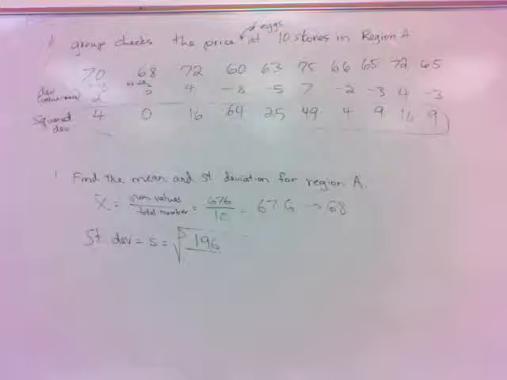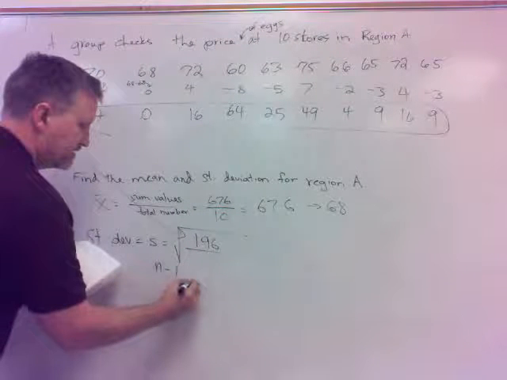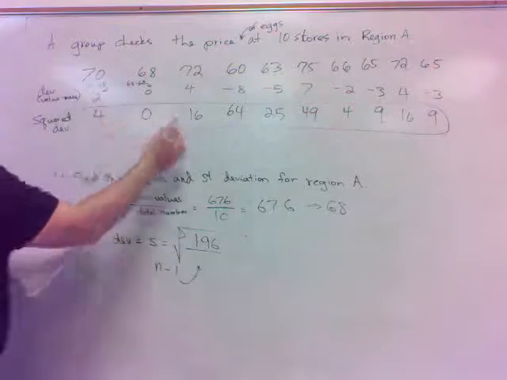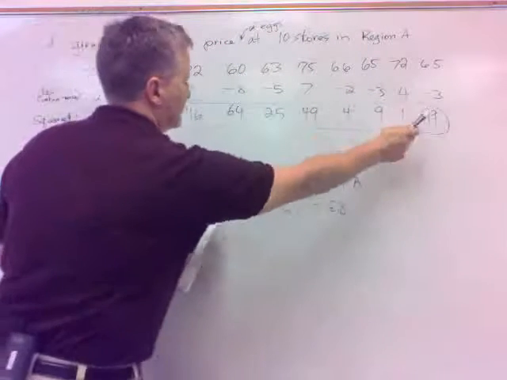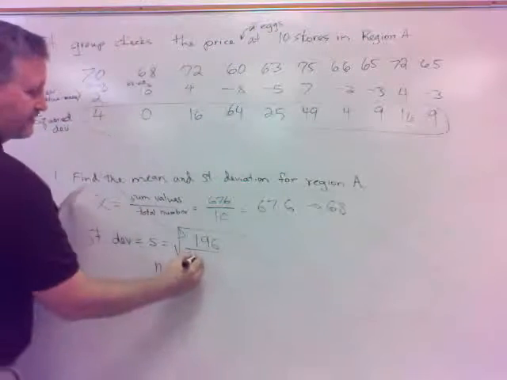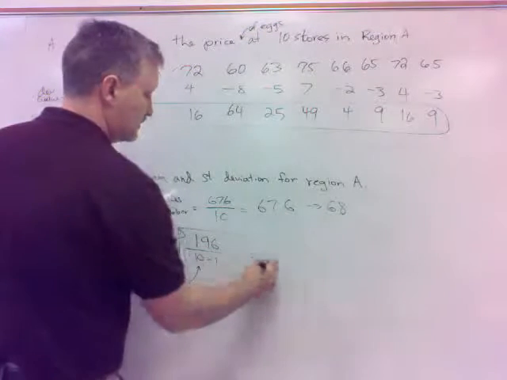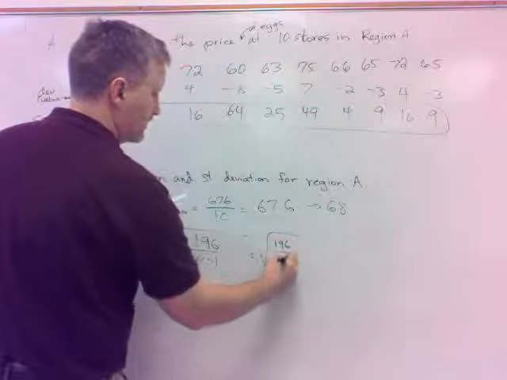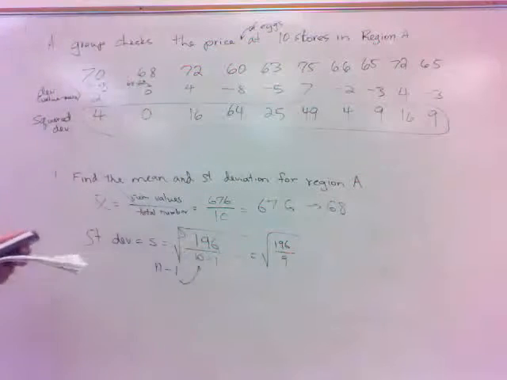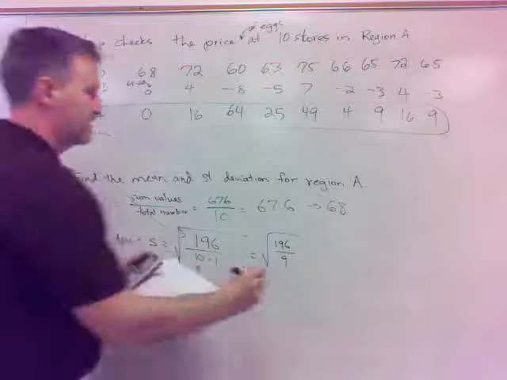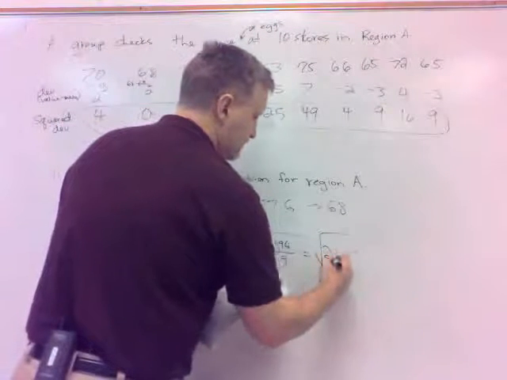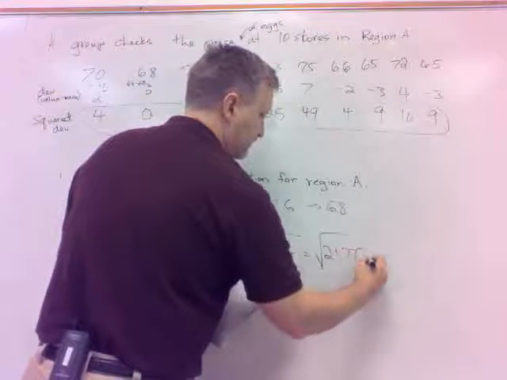Now what am I going to divide these by? N minus 1. Divide by n minus 1, which now I've got 1, 2, 3, 4, 5, 6, 7, 8, 9, 10 values still. So I'm going to do 10 minus 1. That's 196 divided by 9. It's 21.77777, which keeps repeating.